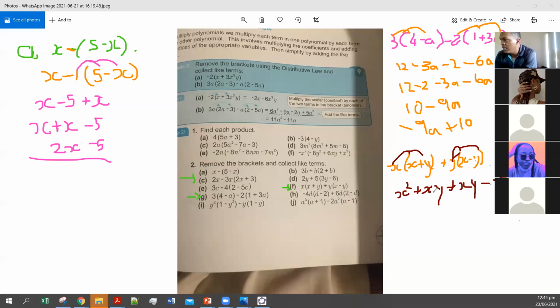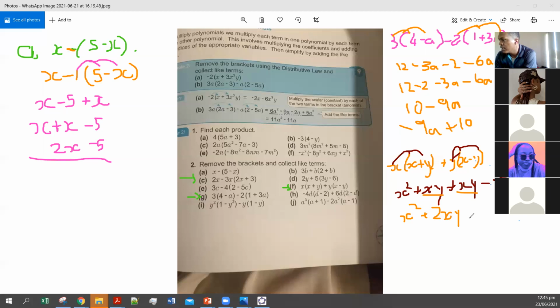Then we just add the like terms. The only like terms we have in this case is just the xy and the xy. Please note that y times x is the same as x times y. So your answers, they are the same. So you rewrite this, you get x squared, right, plus 2xy, because there are two of them, right?